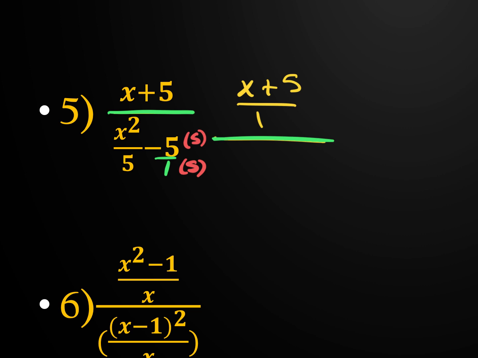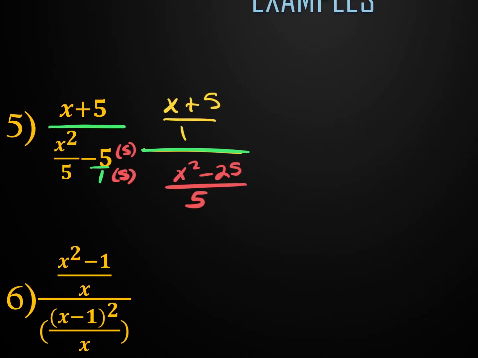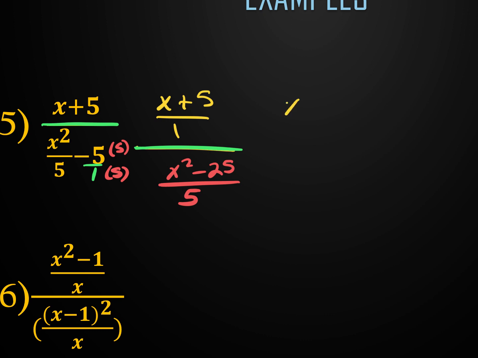So now my new fraction in the bottom is going to be x squared minus 25 over 5. Now that it has a common denominator, I'm going to turn it into a division problem. So x plus 5 over 1 divided by x squared minus 25 over 5.